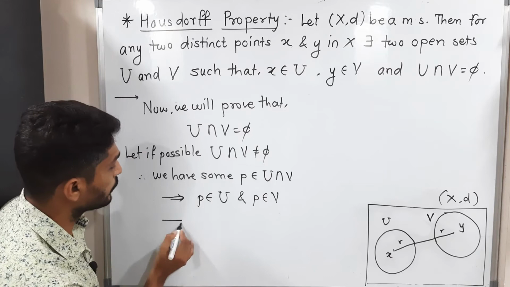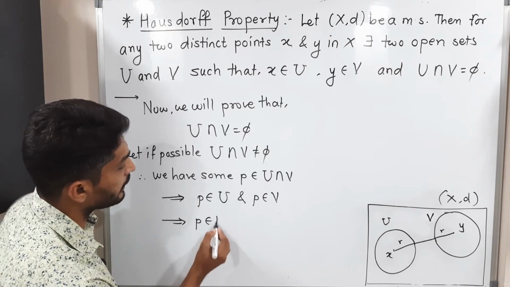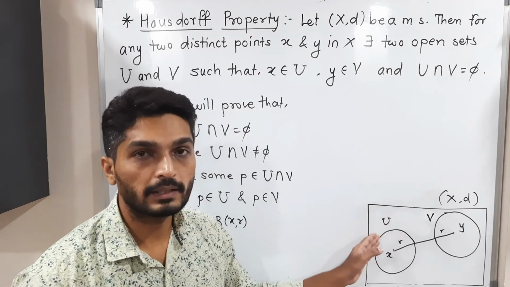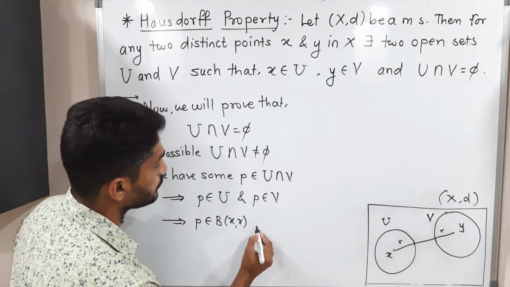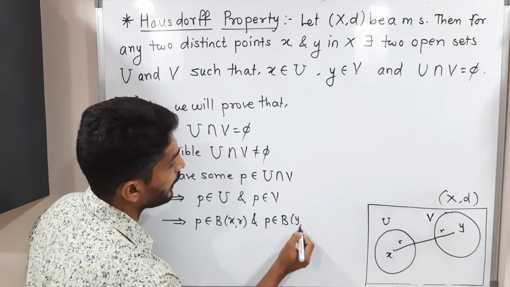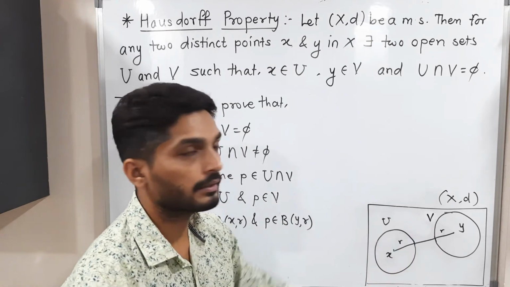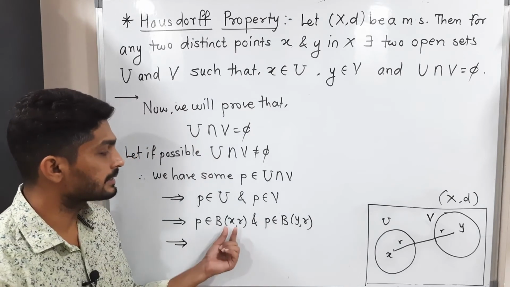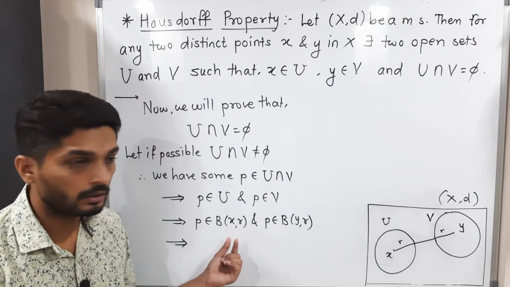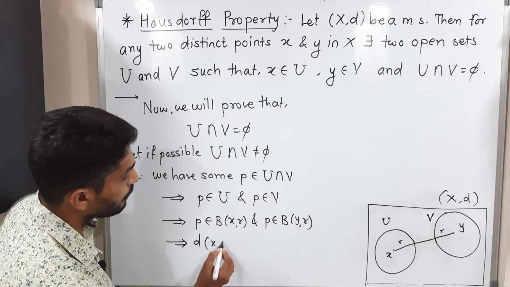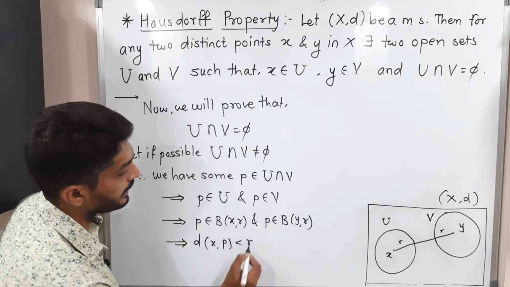But what is U? U is nothing but B(x, r), this open ball. And V is nothing but B(y, r), the open ball with center y and radius r. Since p is a member of this ball, the distance of p from its center is less than r.